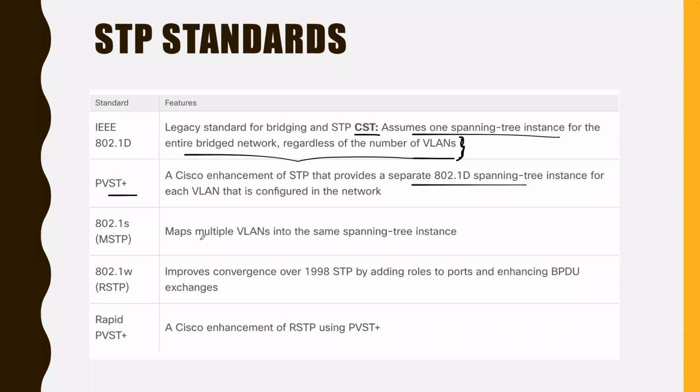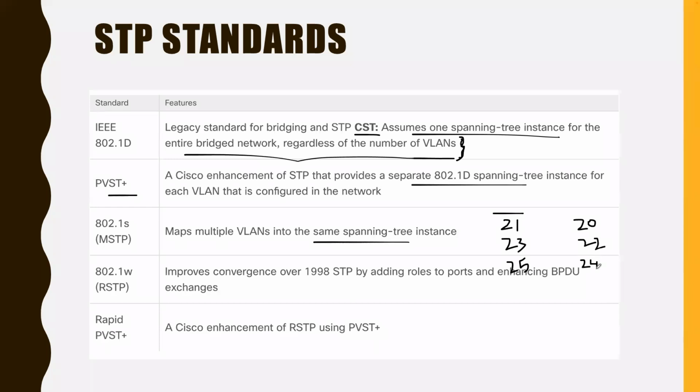MSTP is the multiple spanning tree protocol, wherein we can group our VLANs into the same spanning tree instance. For example, for odd number VLANs we have one spanning tree instance, and similarly for even number VLANs we can have a single spanning tree instance.